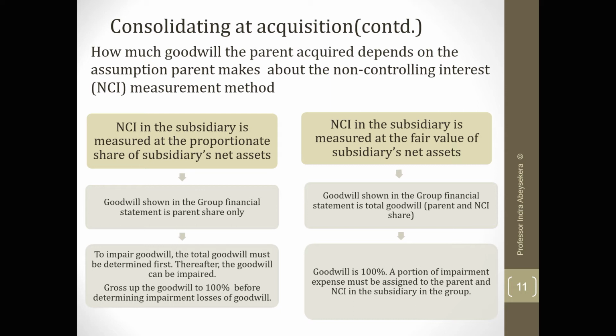To resolve this dilemma, the accounting standards guide us, stating that if non-controlling interest in the subsidiary is measured at proportionate share of the subsidiary's net assets, then the goodwill that the parent paid for is the proportion of acquisition.